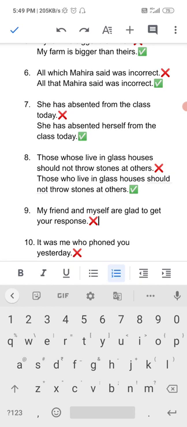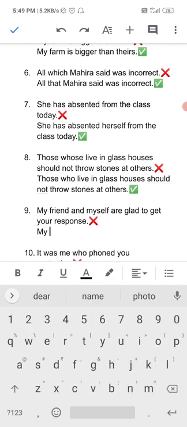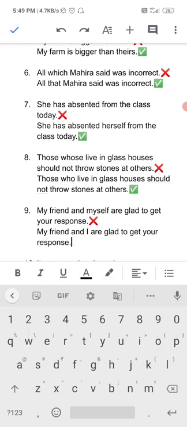So the subject should be I. The word myself should never be used as the subject of the sentence, because it is not the subjective form of pronoun I. I is the subjective form. Myself is the reflexive form or the emphatic form. Okay? So the answer should be, my friend and I, not myself, are glad to get your response.